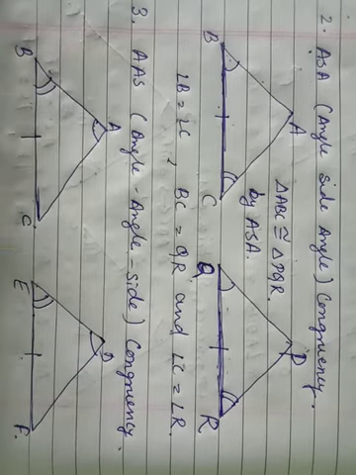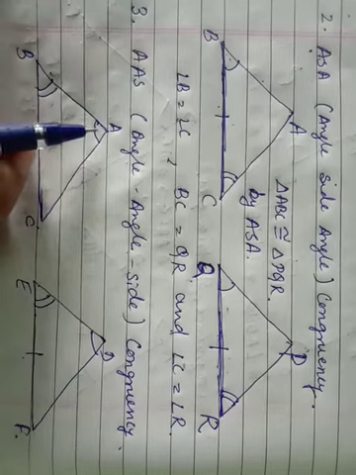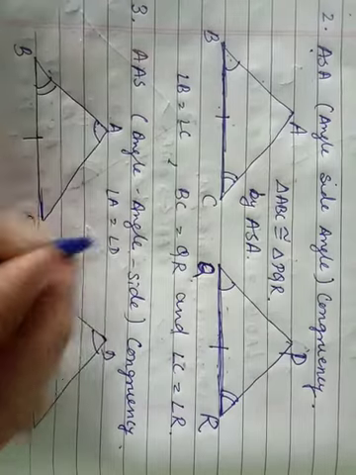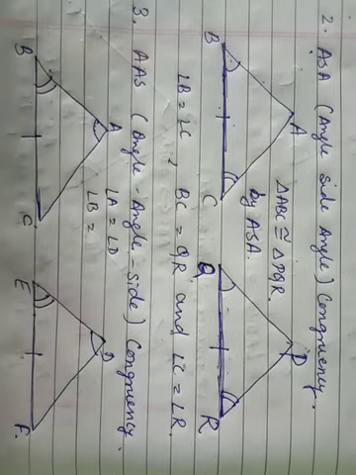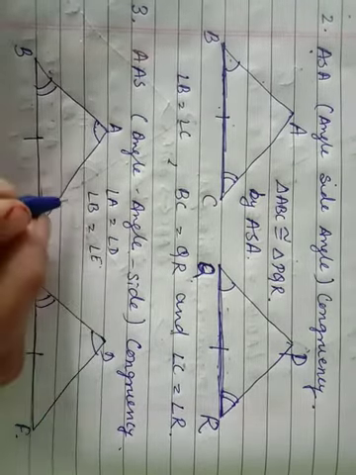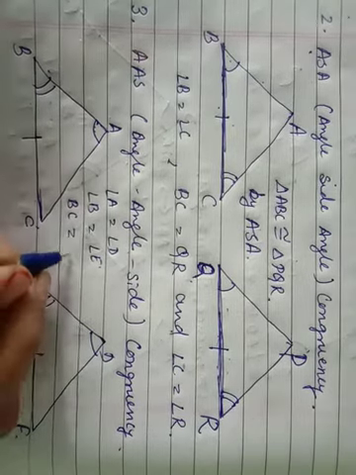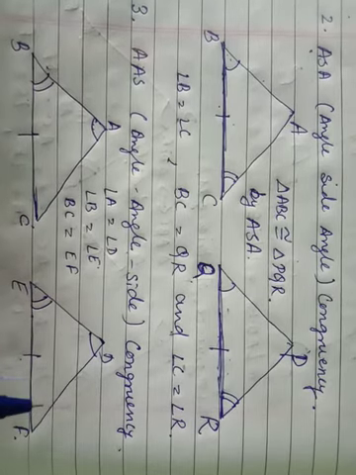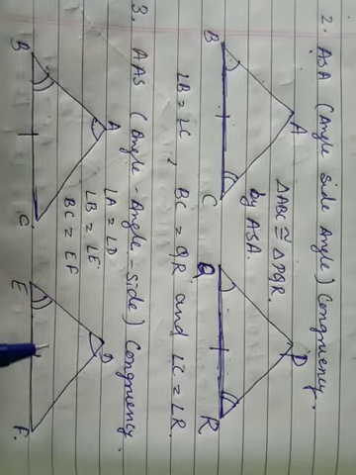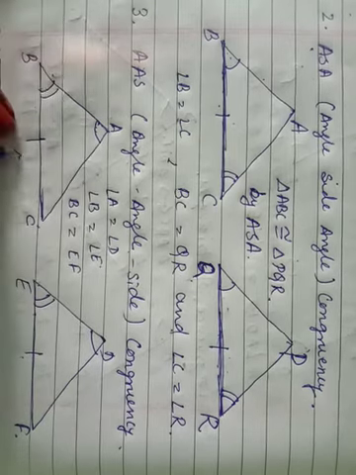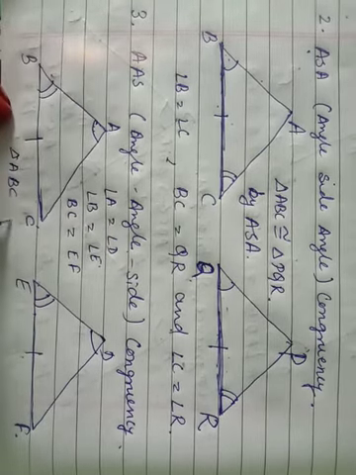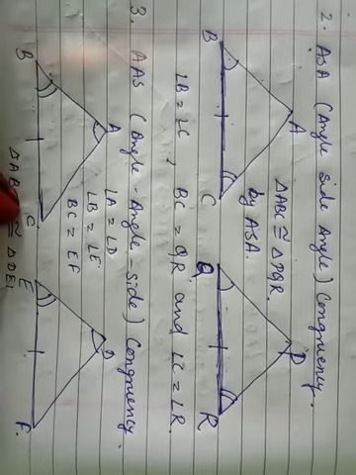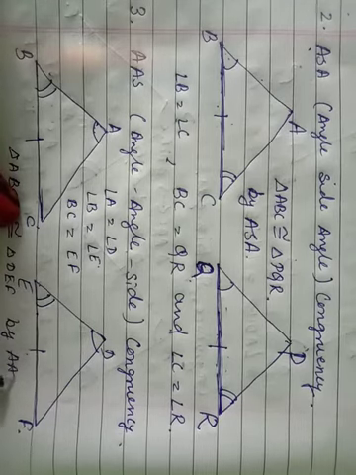Like here in triangle ABC and DEF, if angle A is equal to angle D, angle B is equal to angle E and side BC equals EF. The side could be anything. It could be AC equal to DF also. You have to take a non-included side. Then triangle ABC is congruent to triangle DEF by AAS congruency.